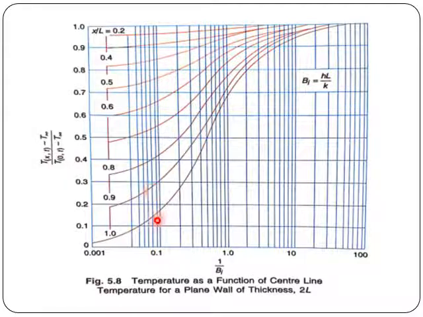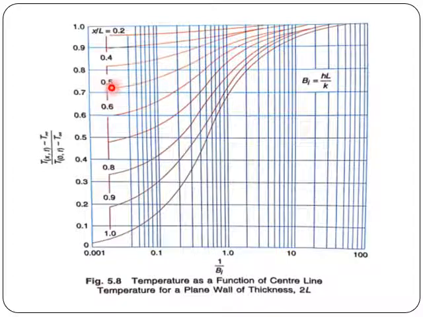Like suppose I want to get temperature at x equal to 0.5. Suppose I have a slab thickness equal to 1 centimeter, and I want to get value at any location between 0 to 1. Suppose I want to get value at 0.5, then x by L in that case is 0.5. So I know that ratio, x is any distance, L is the total thickness.